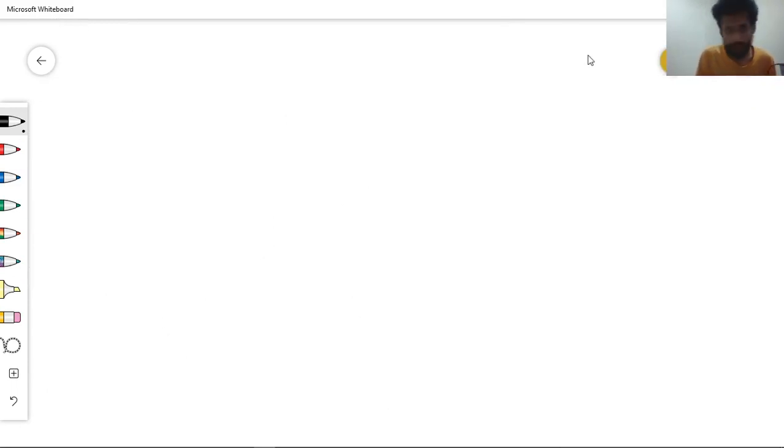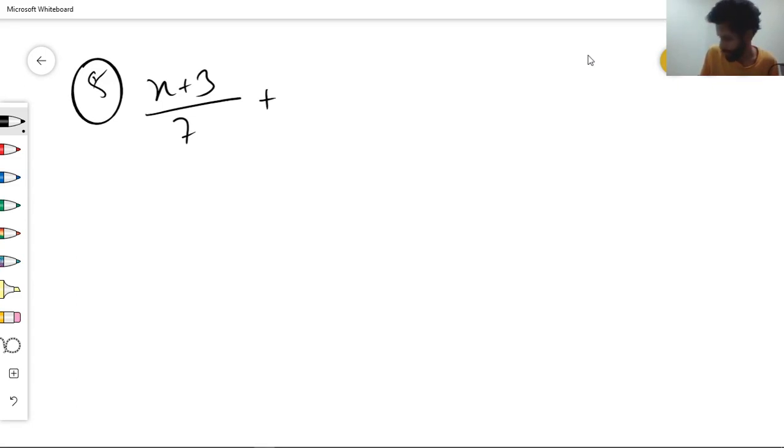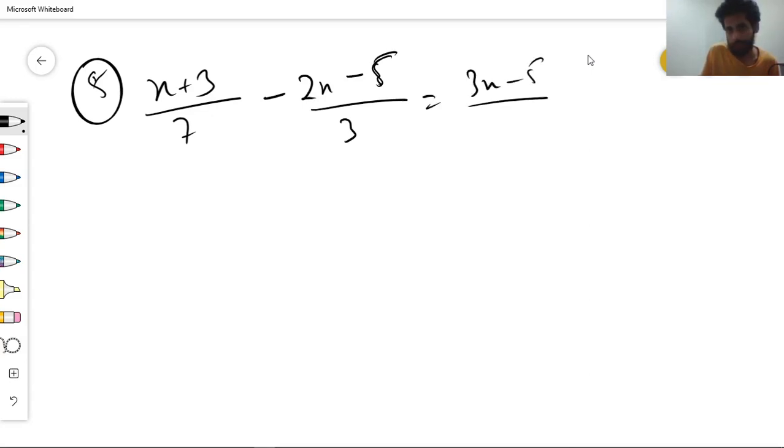Let's do question number 5 now. X plus 3 by 7, sorry, not plus, minus 2 into x minus 5 by 3 is equal to 3x minus 5 by 5 minus 25. So what we will do is multiply with the LCM.